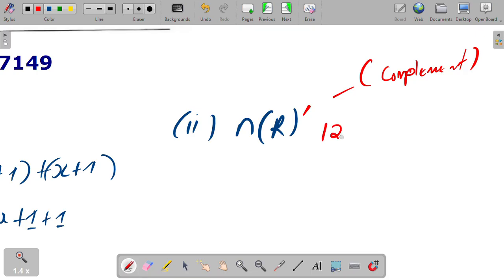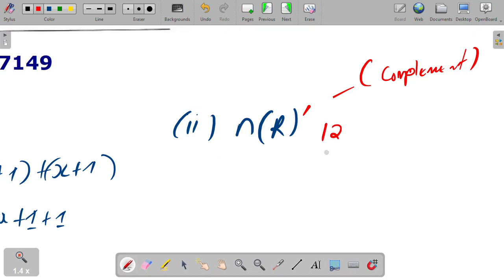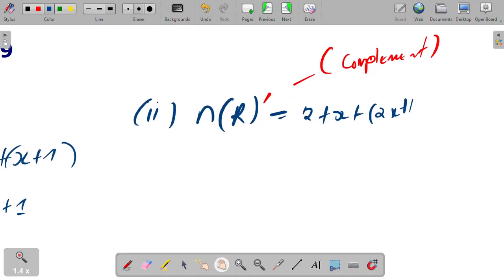Let me use my blue pen. The total elements, we know that it is 12 plus x plus 2x plus 1, plus 1, close brackets there. So here we substitute 4.